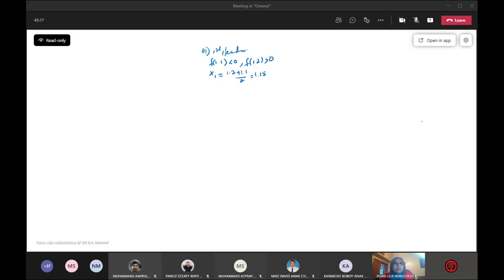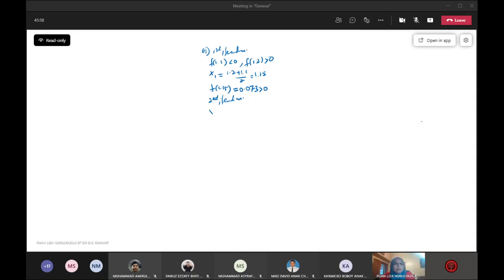And f of 1.15 is positive, 0.073, which is positive.